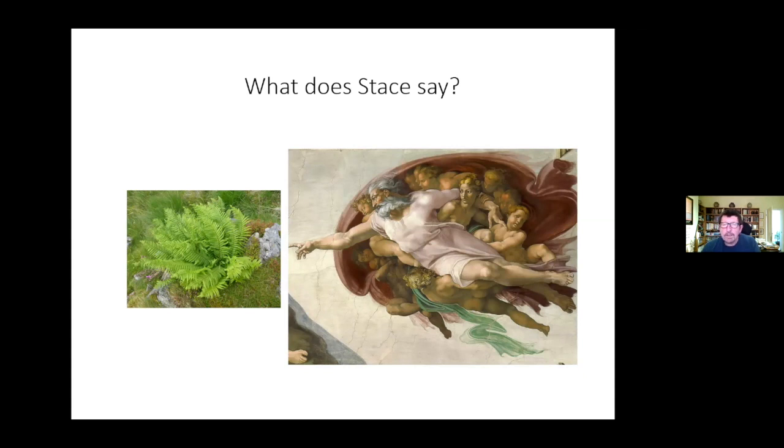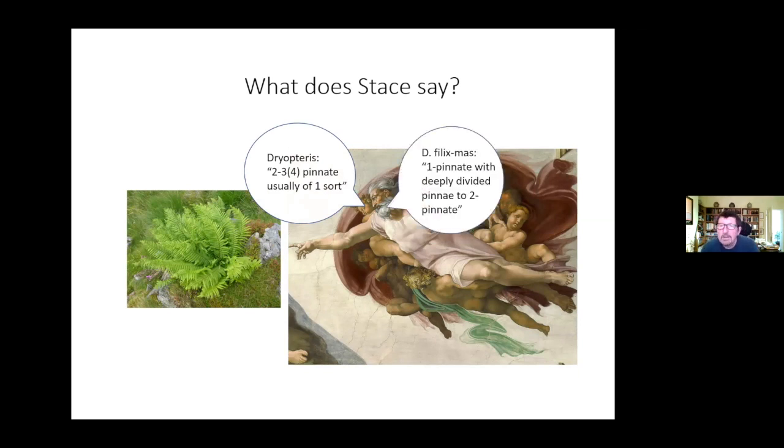So from the book of Stace, he says that Dryopteris are 2 to 3 to 4 pinnate, usually of one sort. And he says Dryopteris filix-mas is 1 pinnate with deeply divided pinnae to 2 pinnate. So he's actually being very cagey. He's sort of sitting on the fence, but he's being very, very careful.